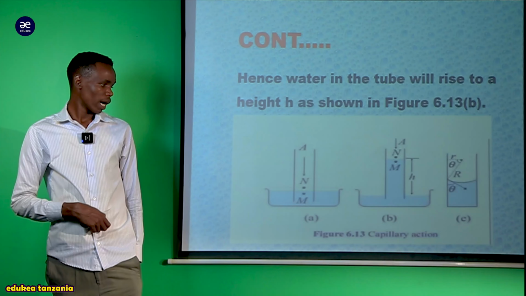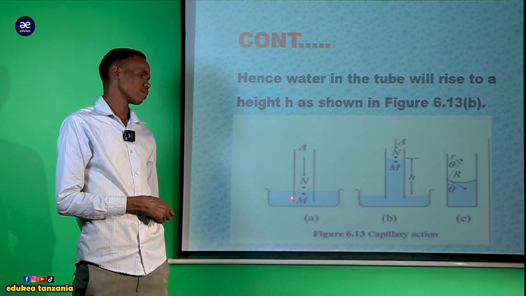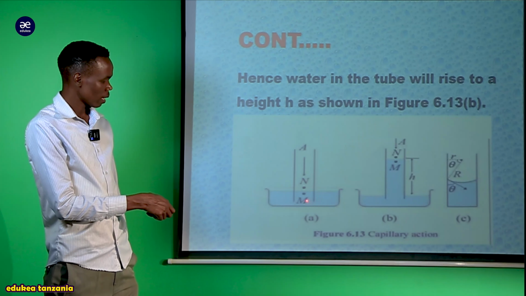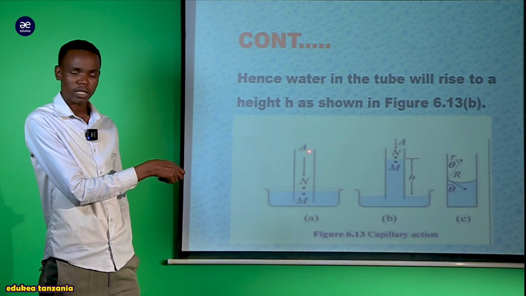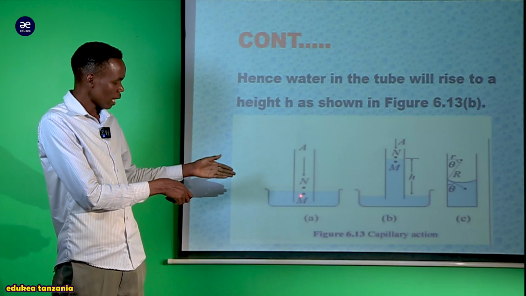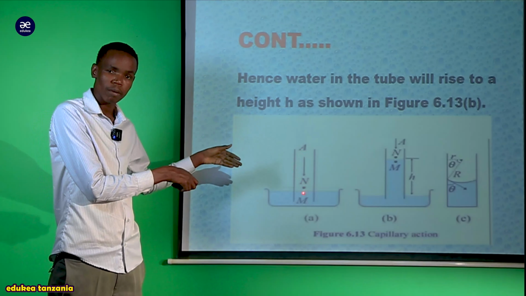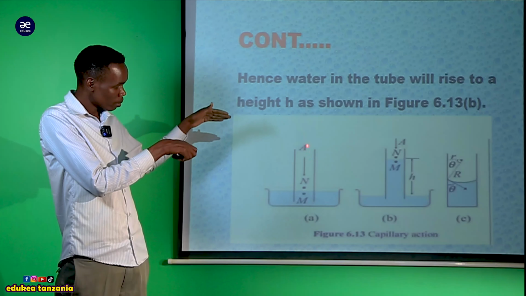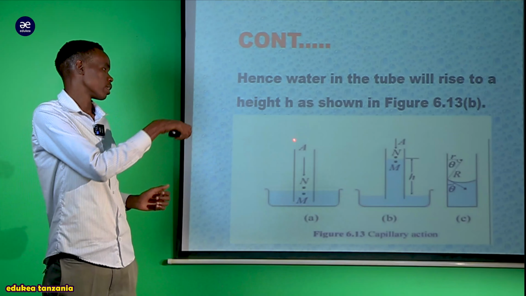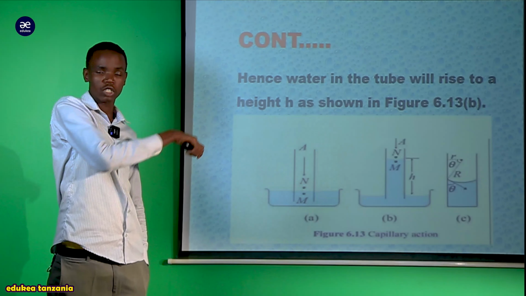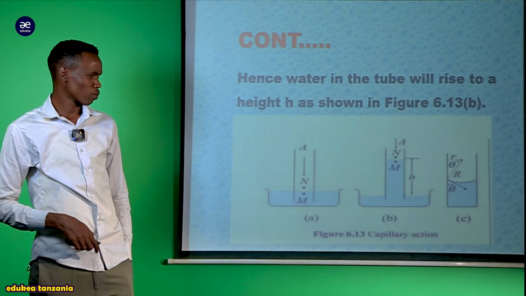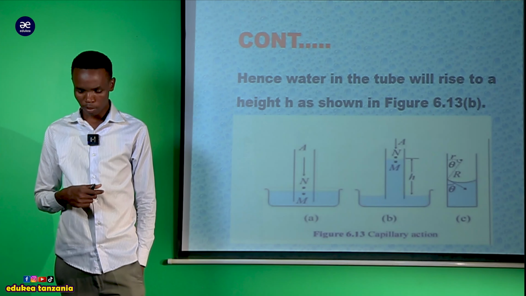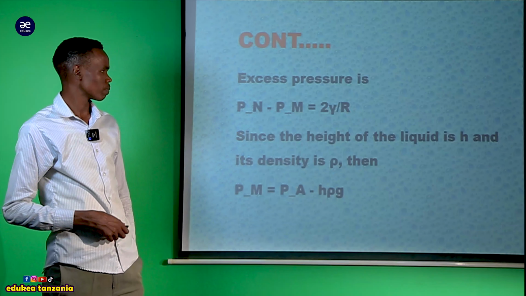And if we compare, this pressure M is less than the pressure at point A. The pressure M is less than the pressure at point N, and also less than the atmospheric pressure, the pressure that acts into the tube. That is the concept we are trying to note in these demonstrations, my dear students.